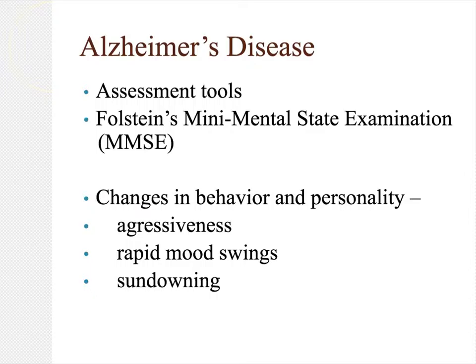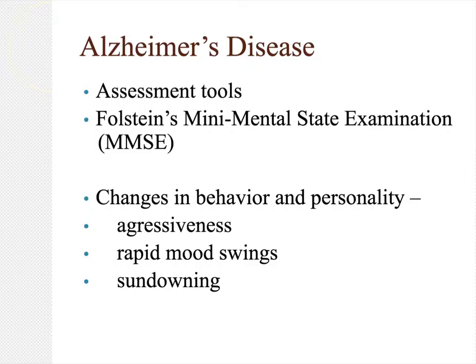Folstein's Mini Mental State Examination is also known as the Mini Mental Exam. It assesses five major areas: orientation, registration, attention and calculation, recall, and speech and language. So it's been used widely to identify whether a patient is showing any of the stages of Alzheimer's disease.